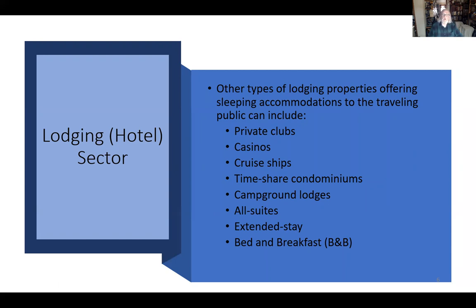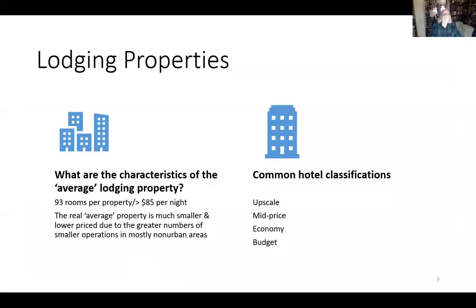As you can see, private clubs, casinos, cruise ships, even timeshare condominiums, campground lodges, all suites, extended stays, and B&Bs, which are bed and breakfasts. All of those are different types of properties offering sleeping accommodations with different levels of amenities, and you would certainly get information on each before you would try any of these.